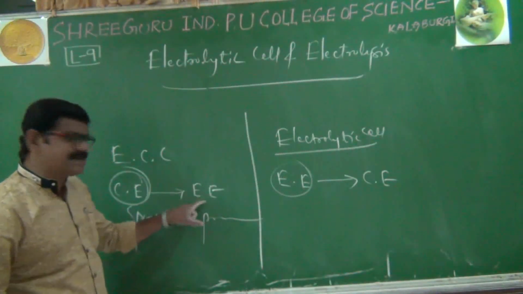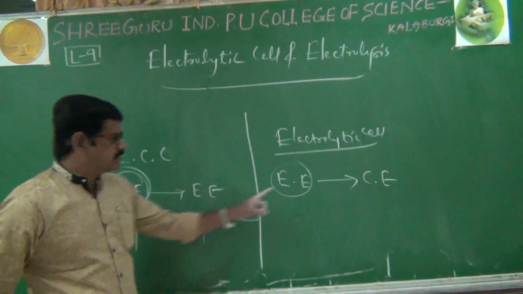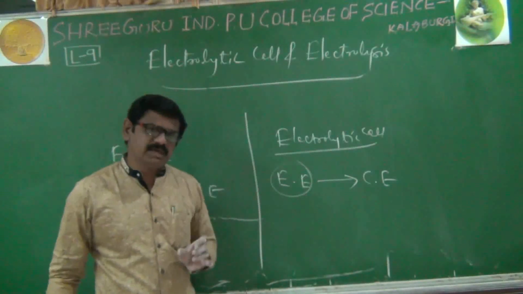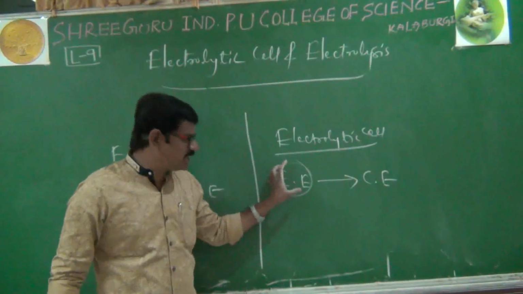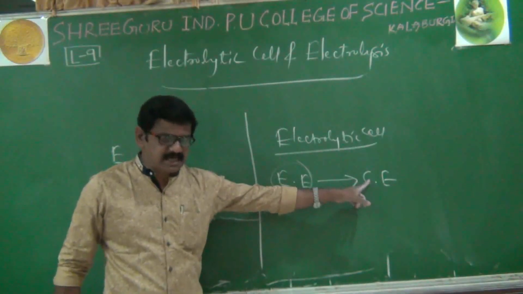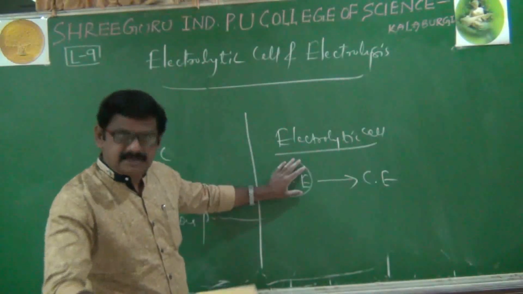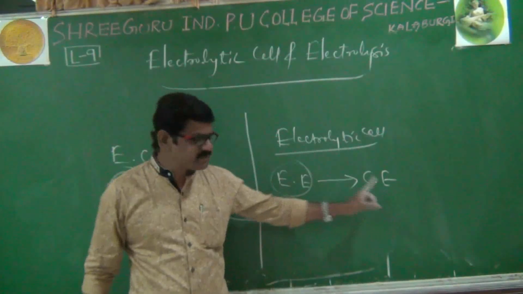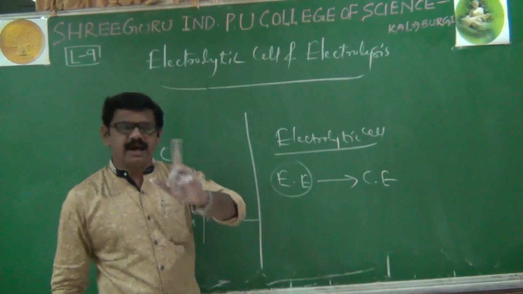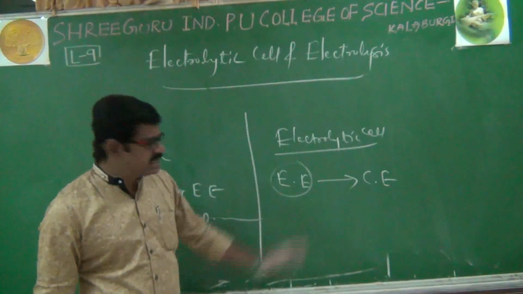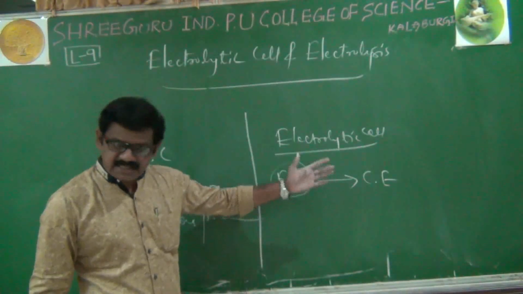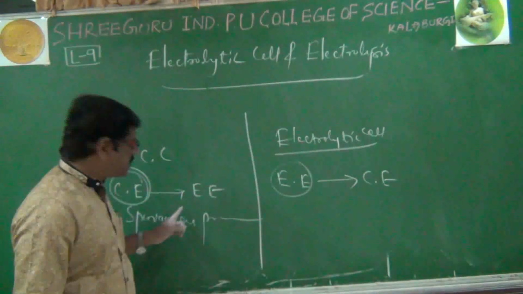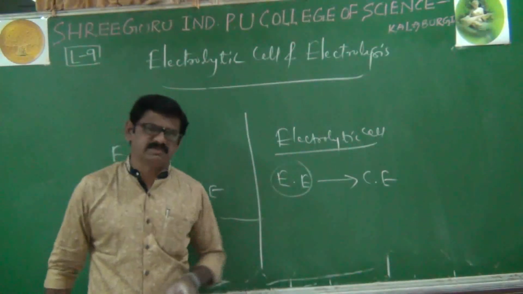Repeat, here current is being consumed, because due to current only chemical reactions take place. Suppose you are not supplying the current, there are no chemical reactions at all. It means it is an absolutely non-spontaneous process. The reaction itself does not take place. The electrochemical cell is a spontaneous process. The electrolytic cell is a non-spontaneous process.